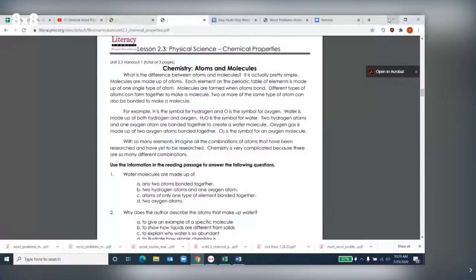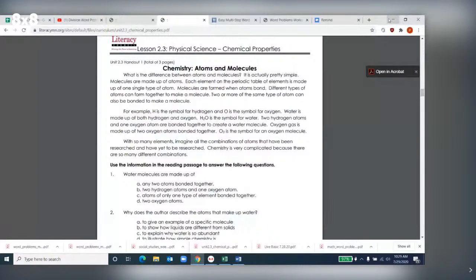And if we go up here, O2 is a symbol for oxygen molecule, so it's 2 oxygen atoms. So for number 6, you're going to put 2 oxygen atoms. So it'd be 2, basically O2, 2 atoms of oxygen make that.